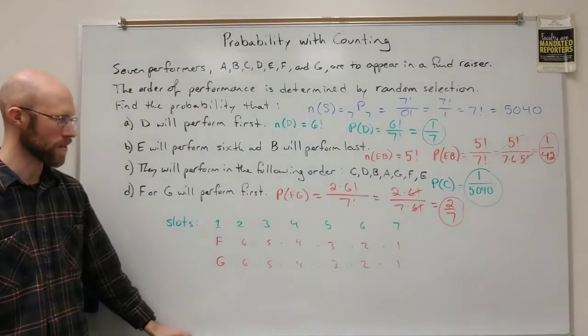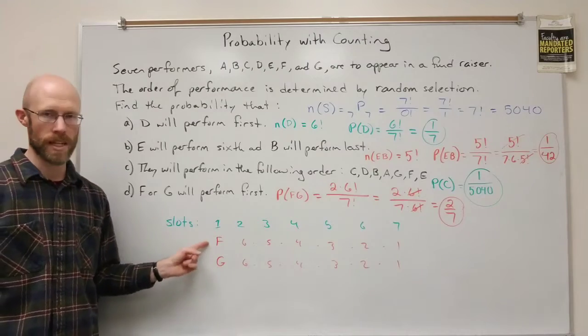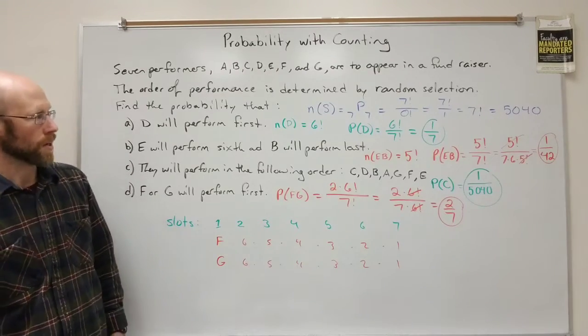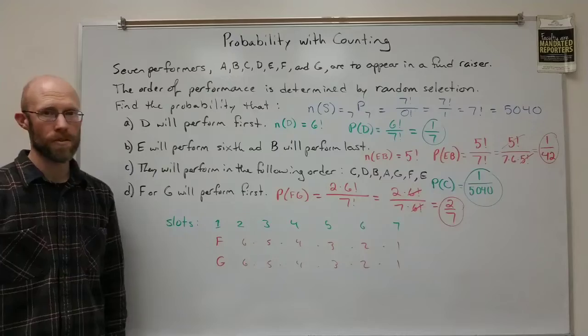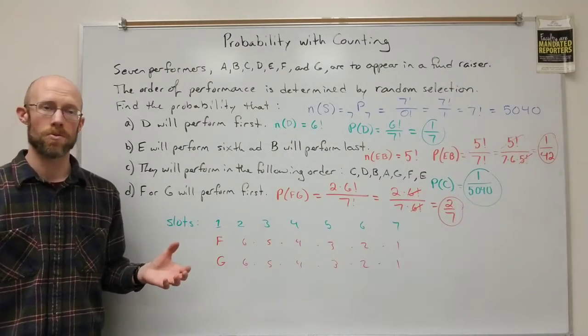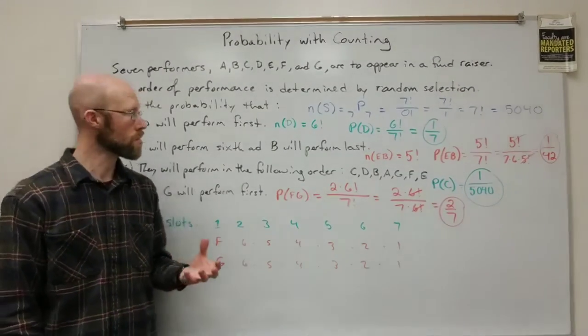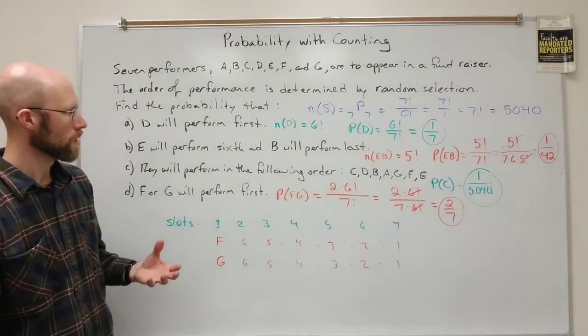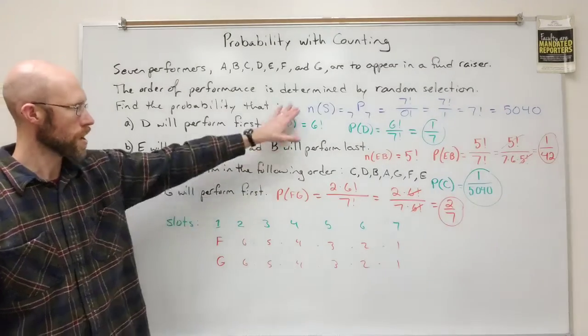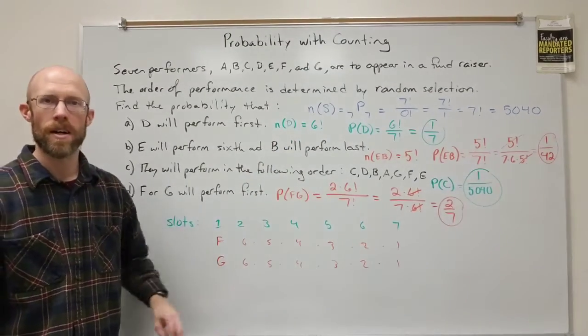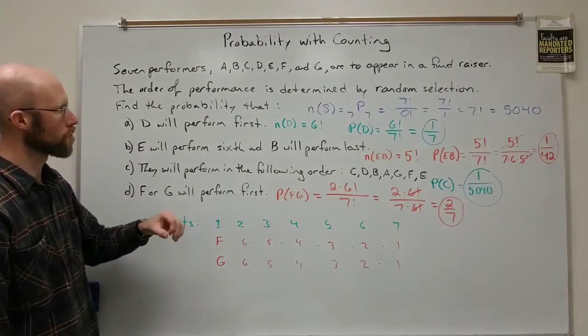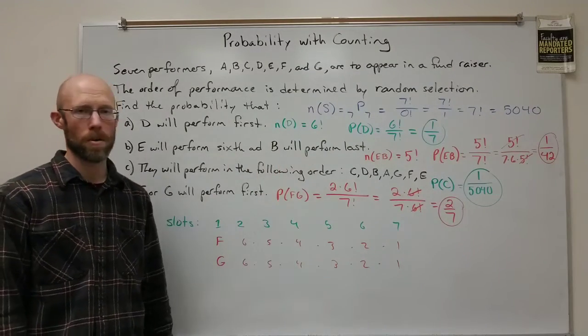Okay, so 2 out of every 7 times we'll have an F or a G in that slot. Okay, so that should cover all of those options, and that's a really good example of using permutations and some counting principle here in order to develop our probabilities.